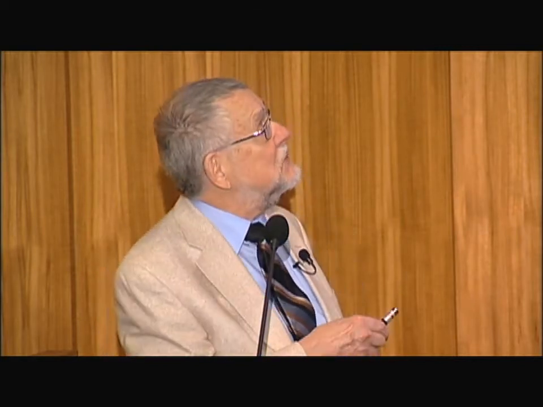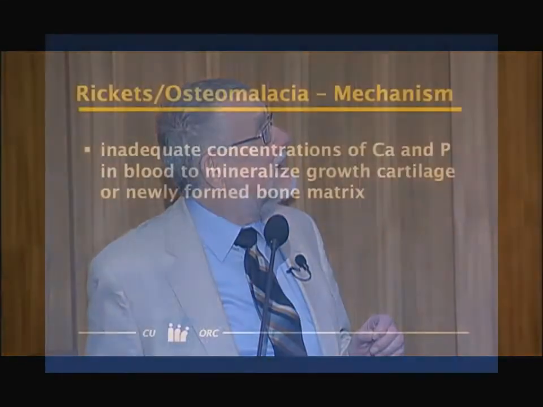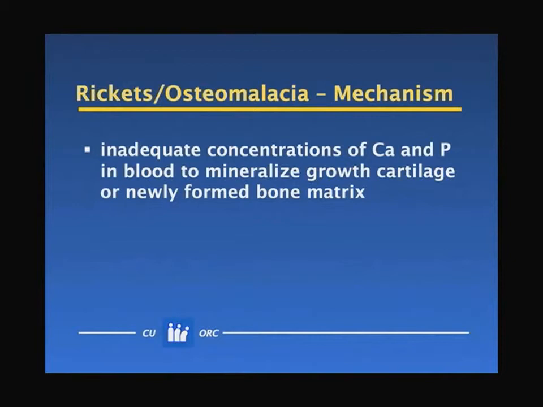Now, the problem that we've associated with vitamin D all these years is rickets or osteomalacia, and that's on the endocrine side of the story. I'm going to review some of that for you because it's important not to neglect the calcium part of this important hormone. Inadequate concentrations of these minerals, calcium and phosphorus, that are necessary to form bone are behind the problem of rickets and osteomalacia.